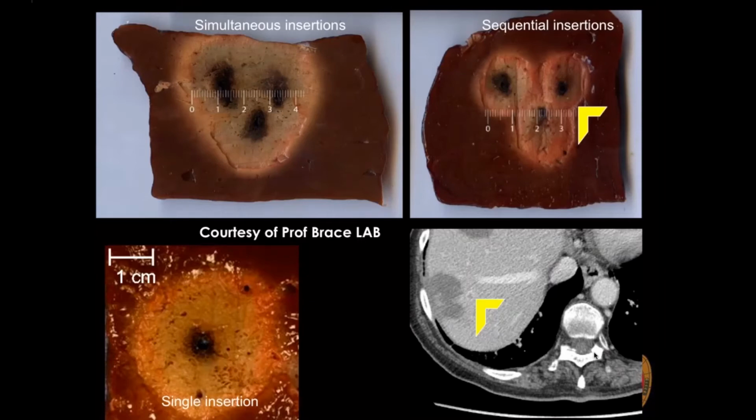The shape of the thermal lesion is always very important. With microwaves we can obtain a spherical morphology of the ablation, with one insertion or with multiple insertions, but which work simultaneously, because in sequential insertion we have a Mickey Mouse aspect with risk of satellite recurrence.